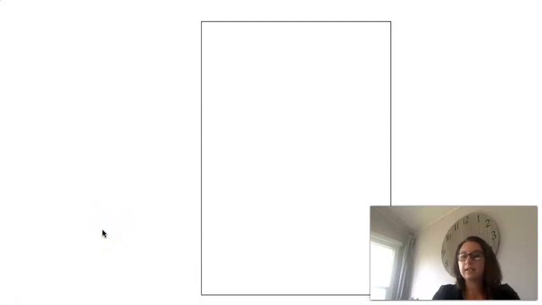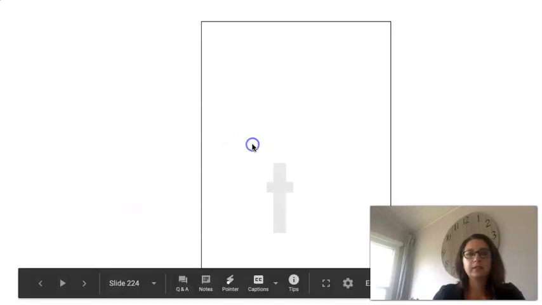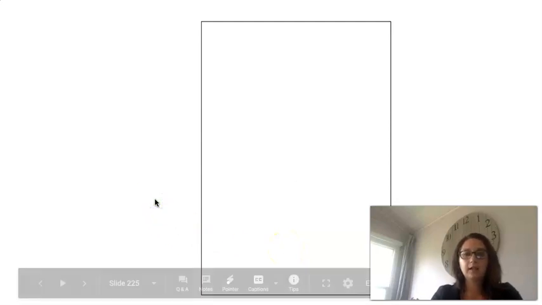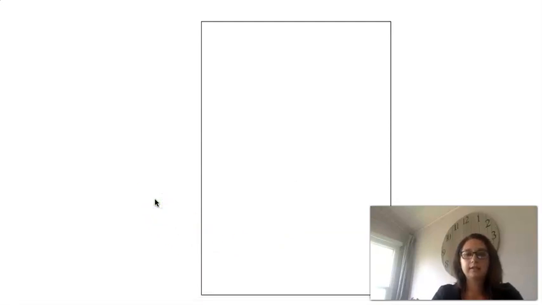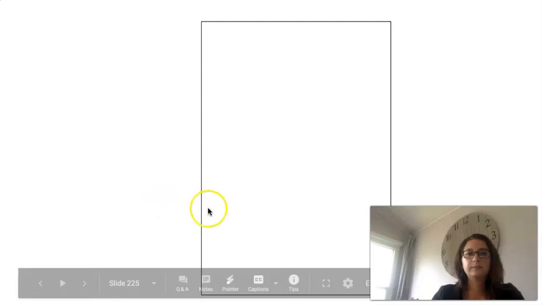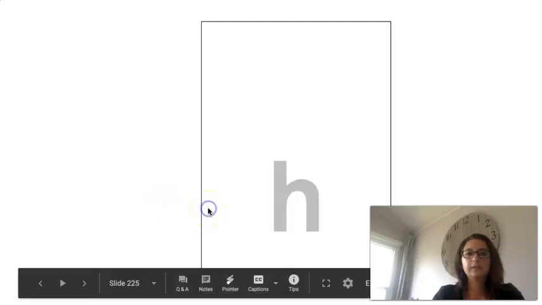The next sound is T. Did you find the letter T? T says T. The next sound is H. Did you find the letter H?